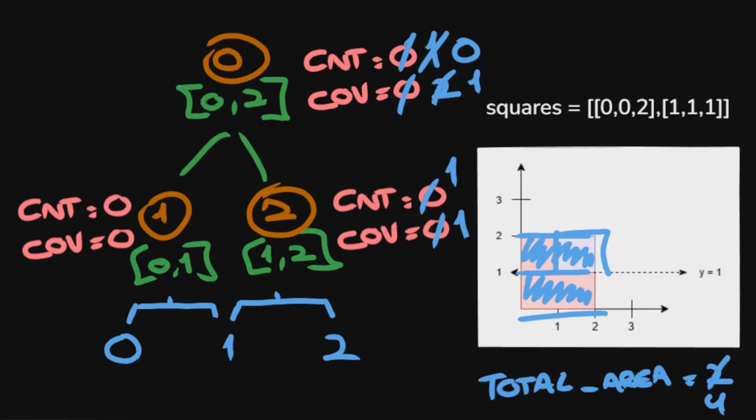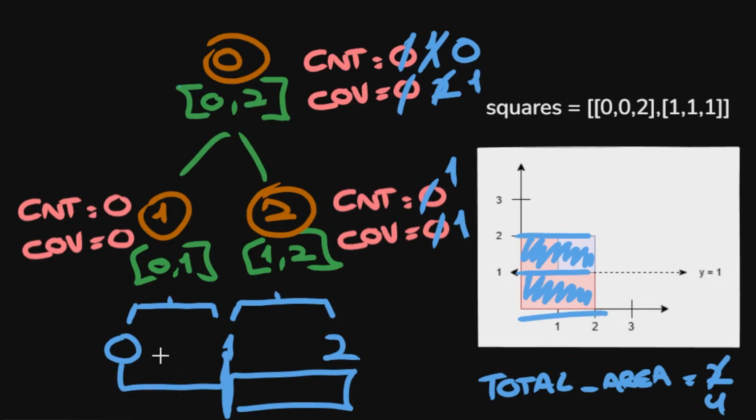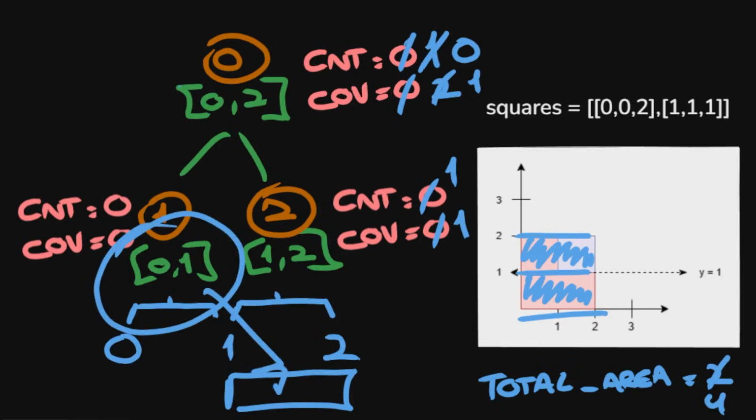And we are still here because we need to remove the small square also. So we need to remove this. We start from the root, and here left is smaller than the left side of the square. This means that we can move to the next level. We can try smaller segments to see what's the largest full segment that we can fit into this square. Next we are here. This is out of bounds because it goes from 0 to 1, so we can't fit this into our square.